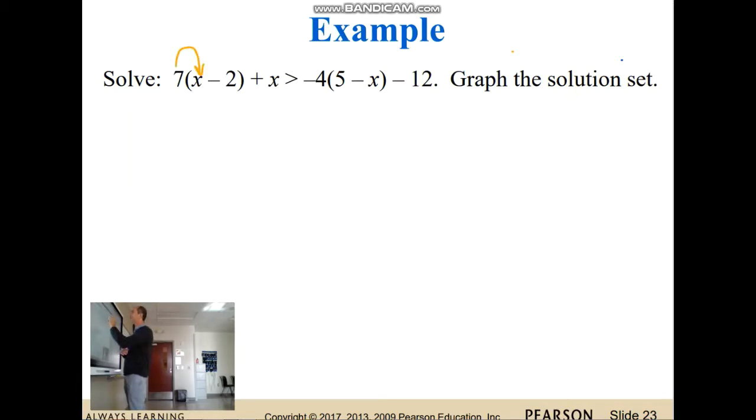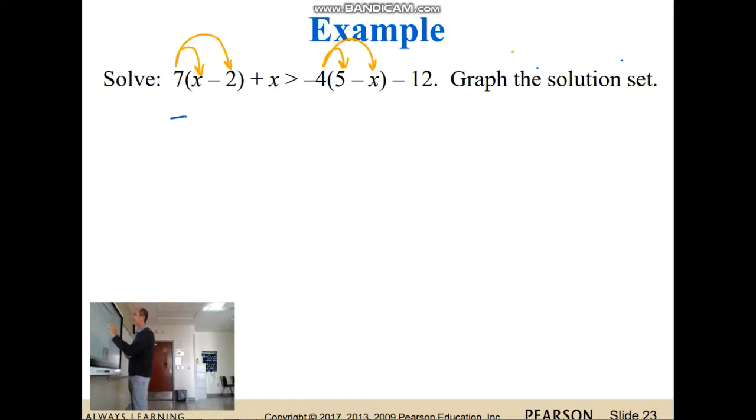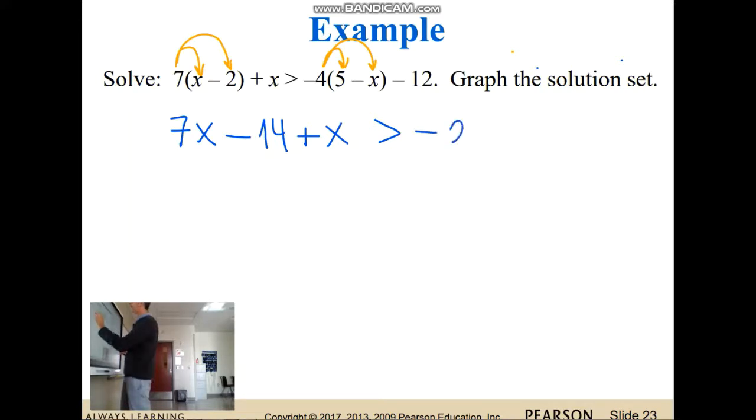So distributive property here, distributive property here. Rewriting, it is 7x minus 14 plus x greater than negative 20 plus 4x minus 12.